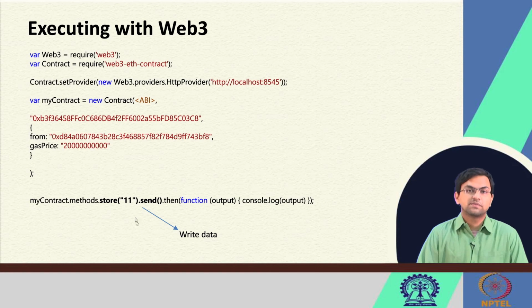These functions need to execute some transaction, send some signed transaction, and that will require gas. So the myContract dot methods dot store function takes as input this number 11, which will be stored back to the ledger, and since it is editing or storing some data to the ledger, we need to specify send.